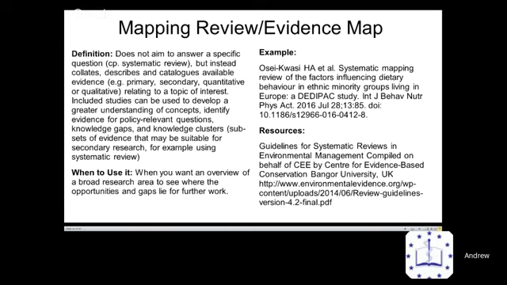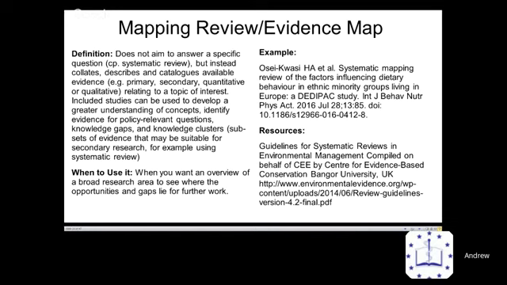A mapping review isn't necessarily aiming to answer a specific question. It's trying to characterize the literature in the form of a map. We've done this recently for the Wellcome Institute. We've been doing a mapping review on diversity and ethnicity in research. And one of the things we've delivered to them is a database of references and things like graphs, things like tables to show how the literature is distributed.